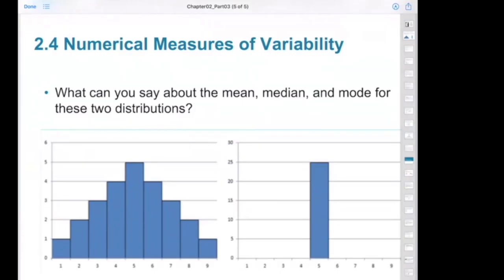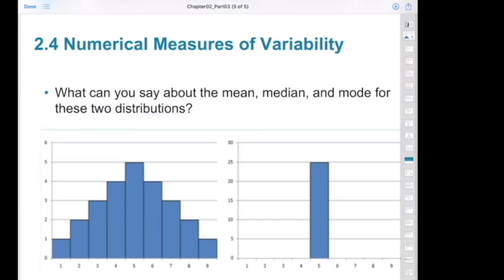So we have the same center, but look at the distribution here. To the right, we have just one bar, which is all the data around 5, as you can see here.